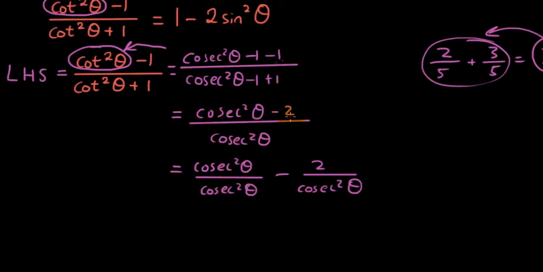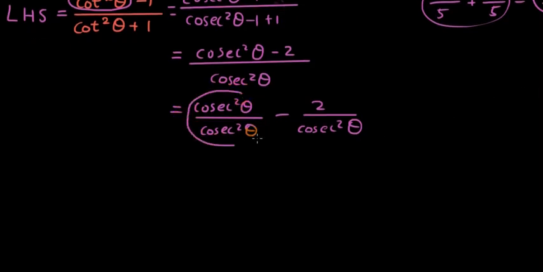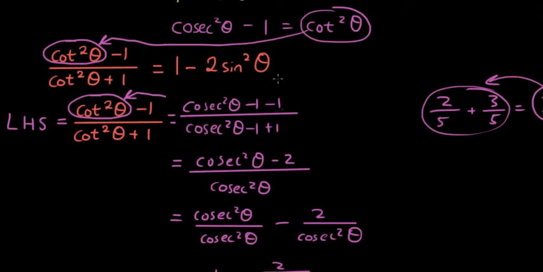We separated this fraction into two fractions, and now the left hand side of this expression, cosec squared theta over cosec squared theta, just equals 1, minus 2 over cosec squared theta. You can see here that it is getting pretty close to what we want, because we have 1 minus 2 sine squared theta.